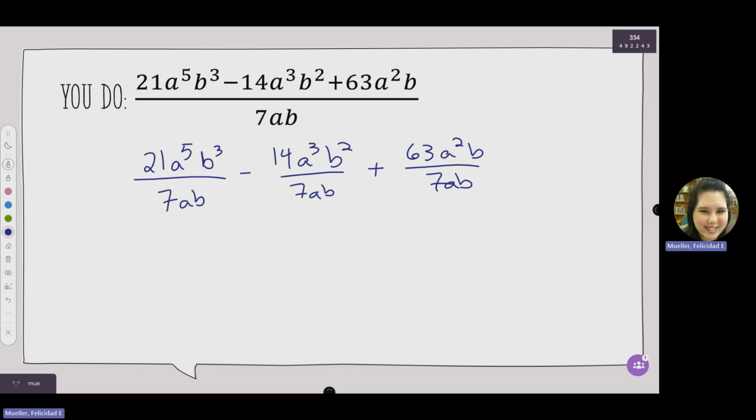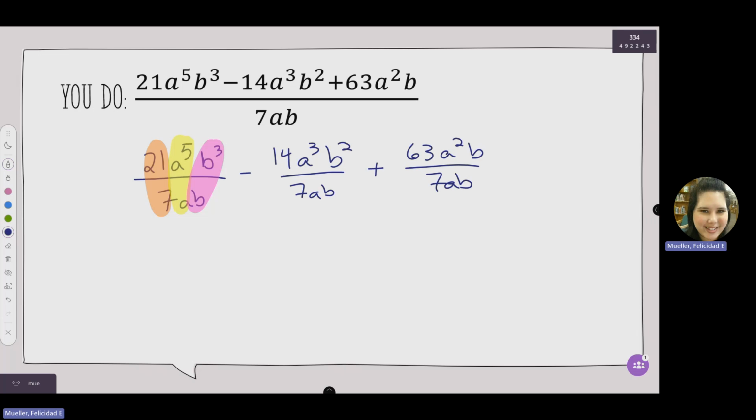And so we're going to deal with each fraction separately on its own, and we're going to do like with like. What we mean by like with like is that we want to do our numbers, our coefficients, together. We want to do the a terms together, and we want to do the b terms together. When we're simplifying polynomials like this, we can only do like with like.